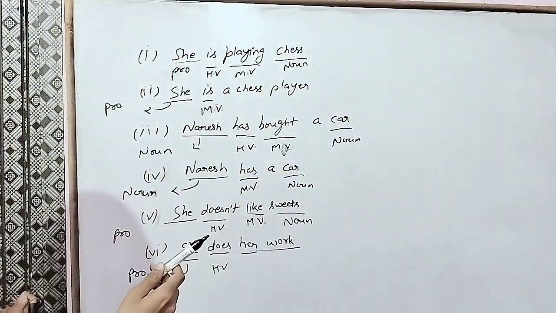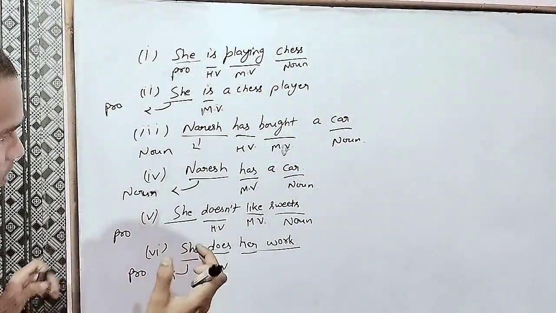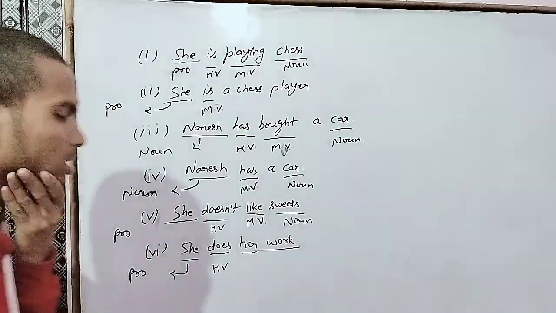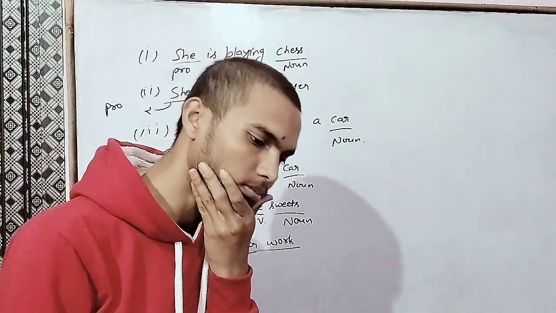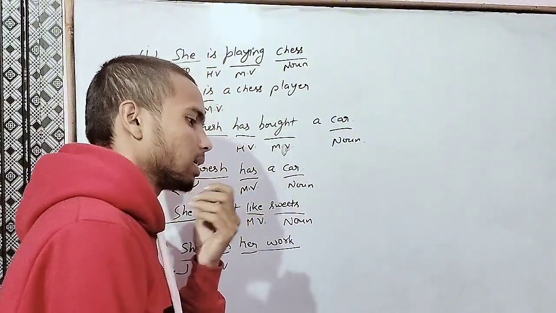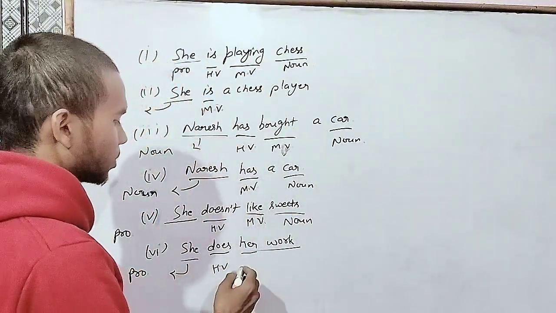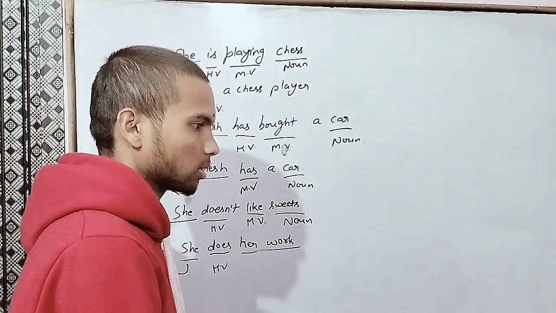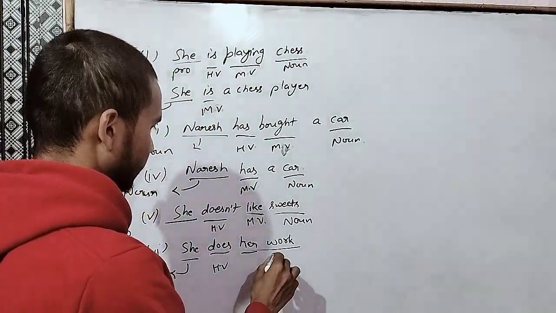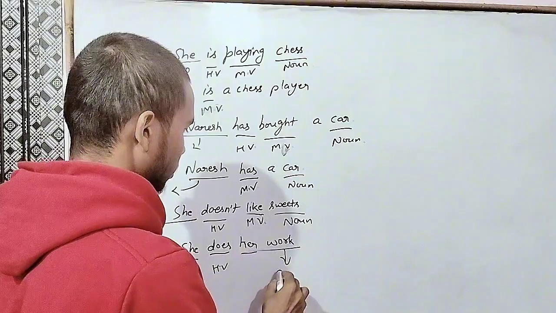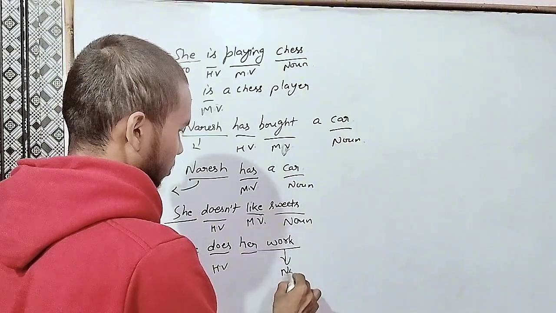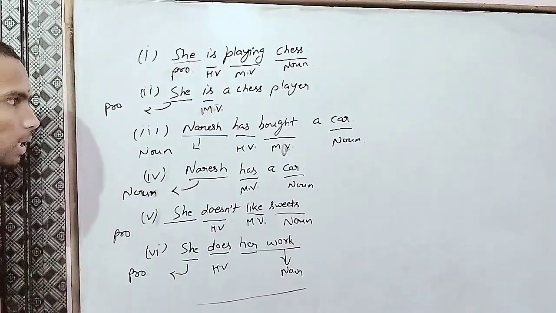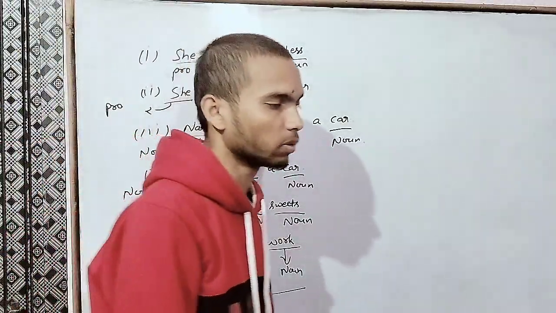Work, which is a noun. The noun is coming after a pronoun, so it is a determiner pronoun. This is a possessive pronoun. Okay, so work is only a noun. This is how we identify where the helping verb is and where the main verb is.